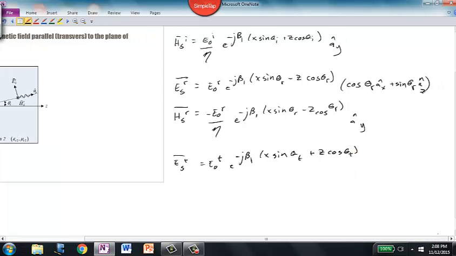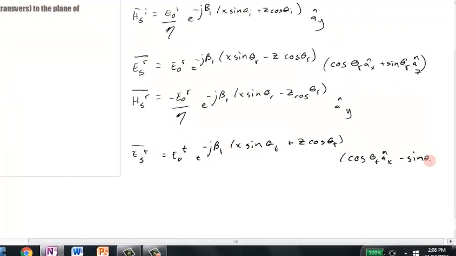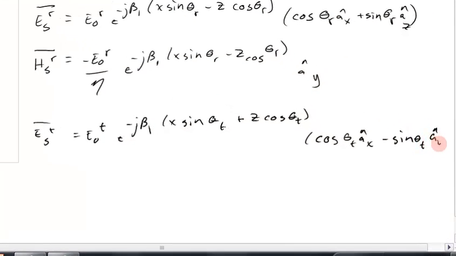And then that's going to be in the cosine theta t a hat x minus sine theta t a hat z direction.